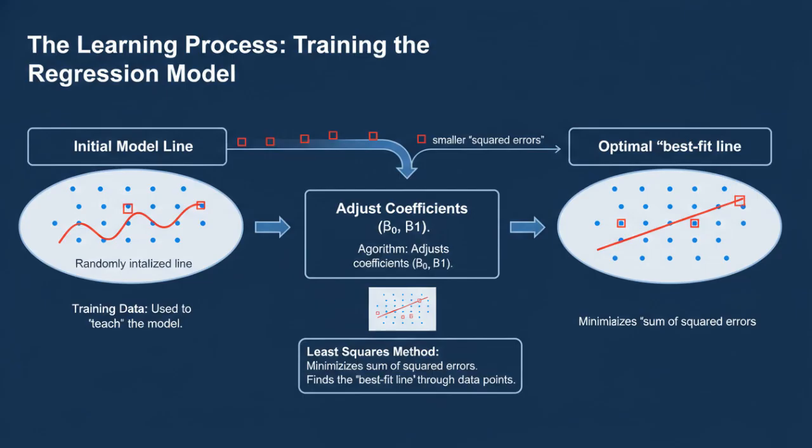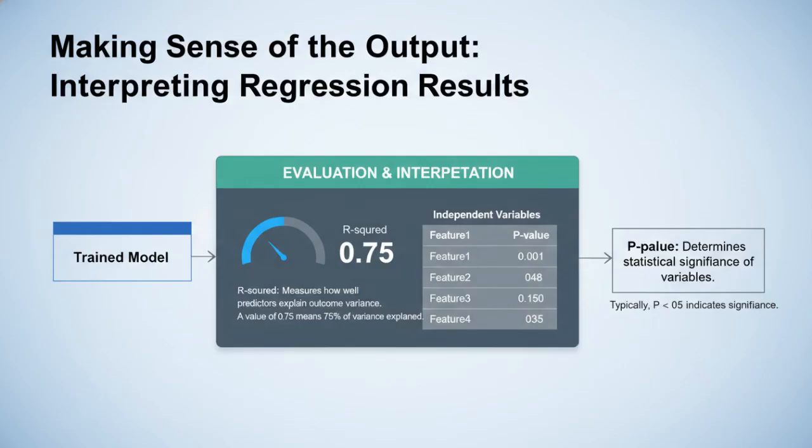After training, evaluating our model's performance is critical. Two key metrics help us interpret the results. First, R-squared, or the coefficient of determination, tells us how well our independent variables explain the variance in the dependent variable. For example, an R-squared of 0.75 means that 75% of the variation in y can be explained by x.